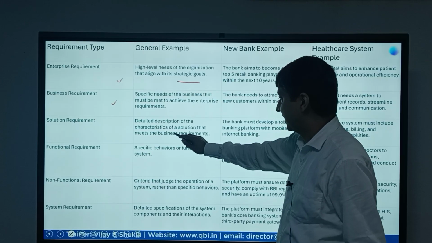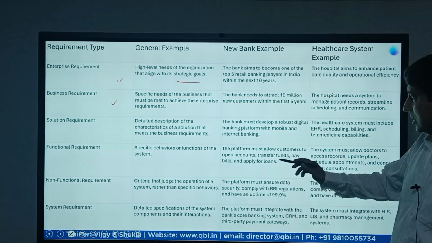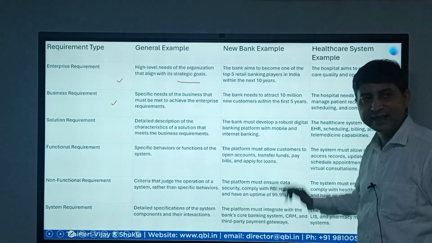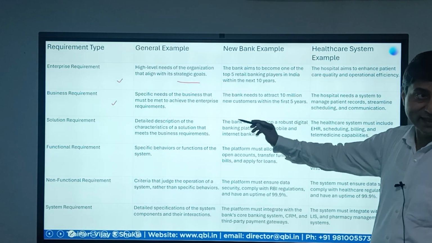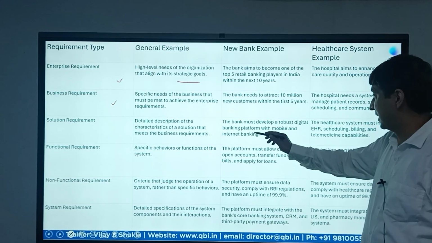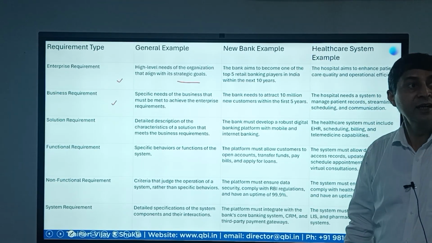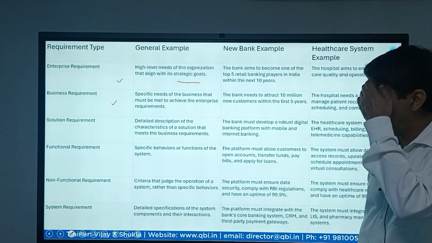Detailed description or characteristic of a solution that meets the business requirement. So this means the bank must develop a robust digital banking platform with mobile and internet banking. So this is not the only thing. They also need to do marketing. But without a robust banking platform and a mobile internet banking platform, they won't be able to support this large number of customers. And even if customers come, they will go back.